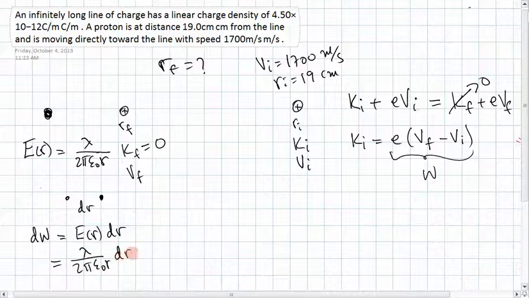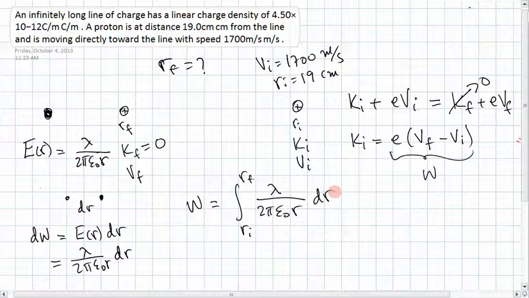So the total work done, this W, is equal to the integral from my initial position to my final position of the field, the amount of work, right? That is lambda over 2 pi epsilon naught r times dr. And what is this? This is equal to lambda over 2 pi epsilon naught.